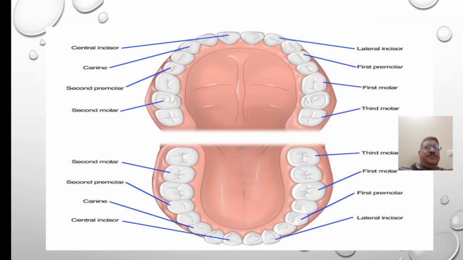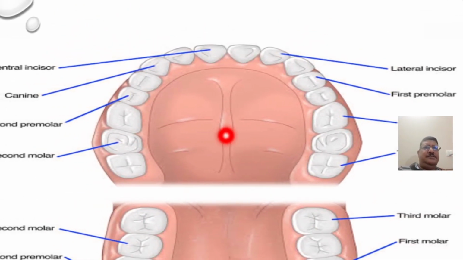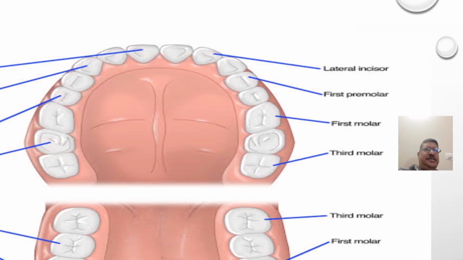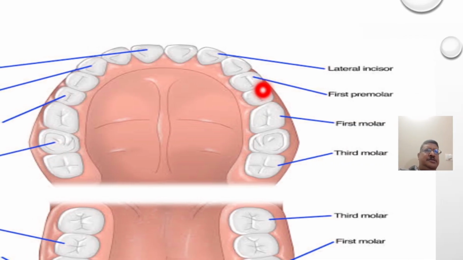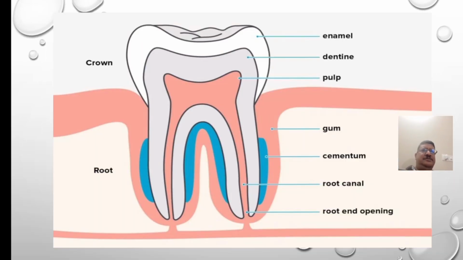So this is the structure of the teeth: central incisors, canines, second premolars, second molars. Then lateral incisors, first premolar, first molar, third molar.